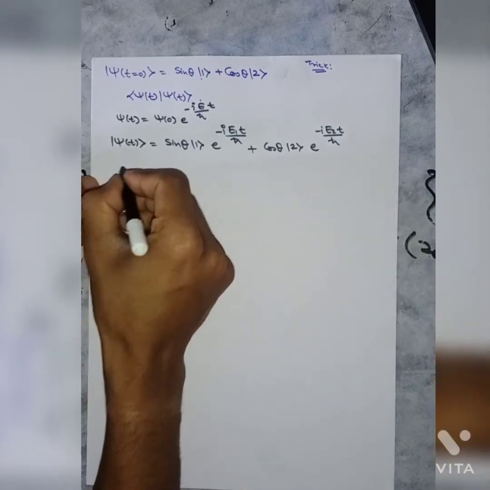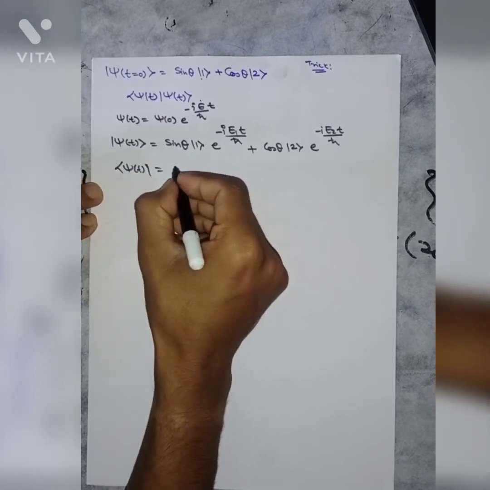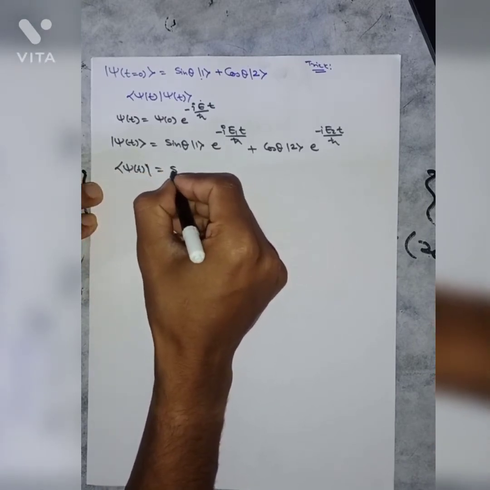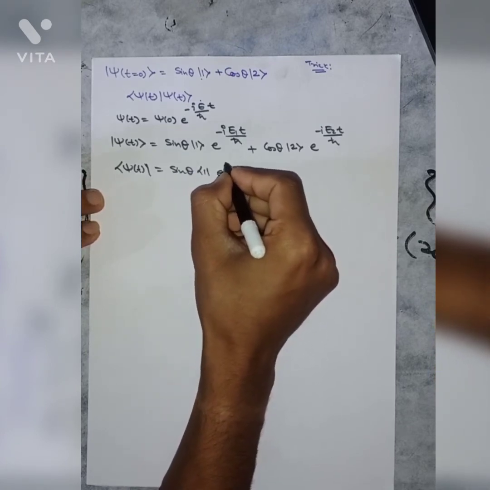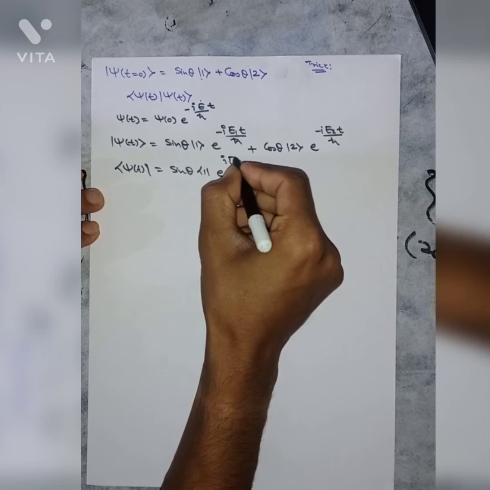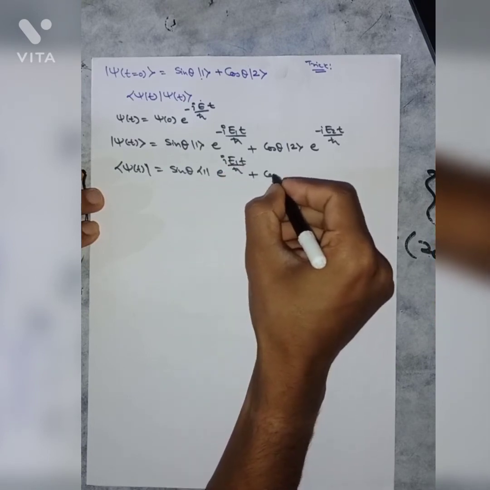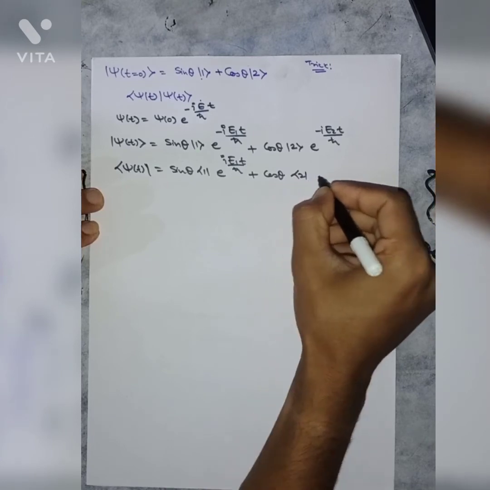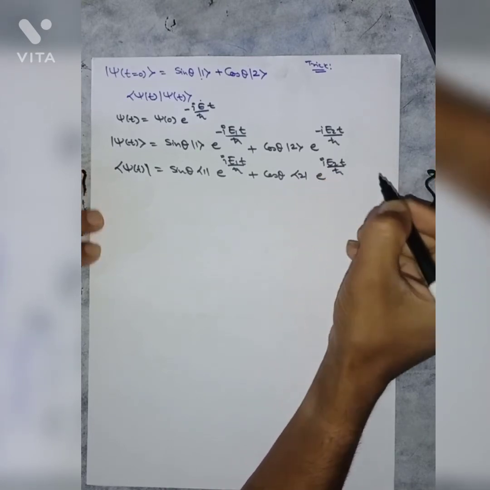Now we need to find the bra of this one. Psi t will be nothing but sin theta will not change, sin theta 1 exponential iota will change, iota E1 t upon h cut plus cos theta 2 e to the power iota E2 t upon h cut.